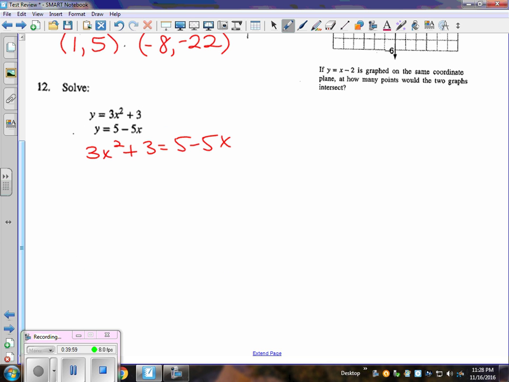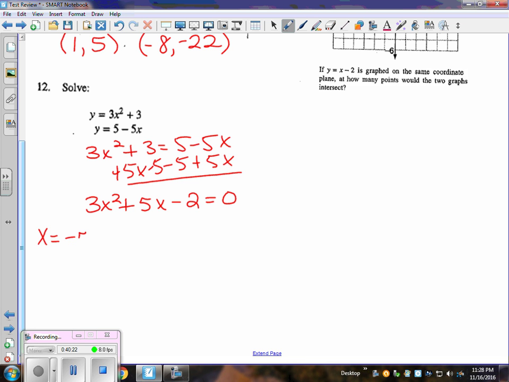All right, now let's get everybody to one side. So add that 5x over, subtract that 5, 3x squared plus 5x minus 2 equals 0. Don't think you could factor this, so you would have to use the quadratic formula.